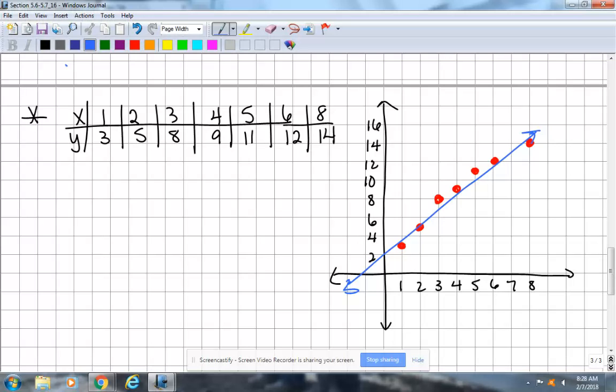So pick 2 points and find a slope. Not beside each other. I probably wouldn't pick like these, those 2 or even, this is a big difference.